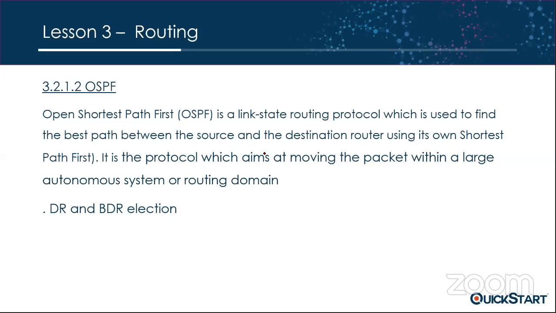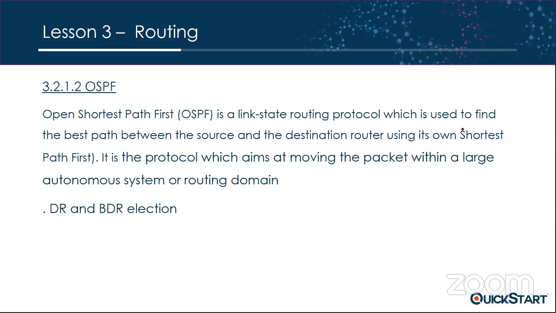It is a protocol which aims at moving packets within a large autonomous system or a routing domain. So that's what we told you when we were referring to link state. Link state is commonly used in a large routing domain.